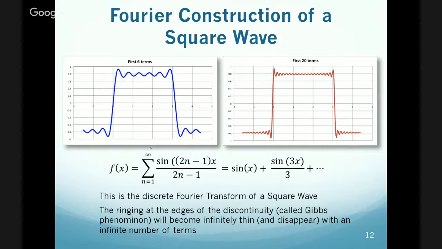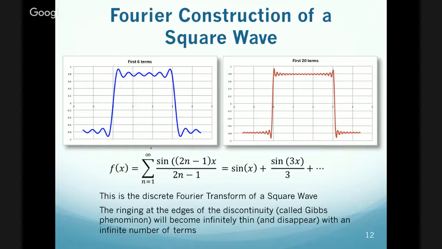The takeaway here is if you don't include a lot of the terms, you get things that are pretty wiggly. If we start including more terms, like the first 20 terms, you can see that the wiggliness starts to go away. It gets a lot more square wave-like. Now, in the case of a square wave, the square wave does have a big discontinuity.